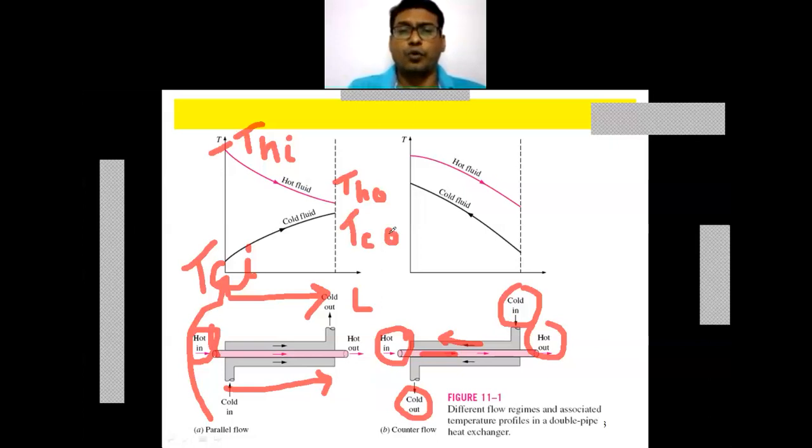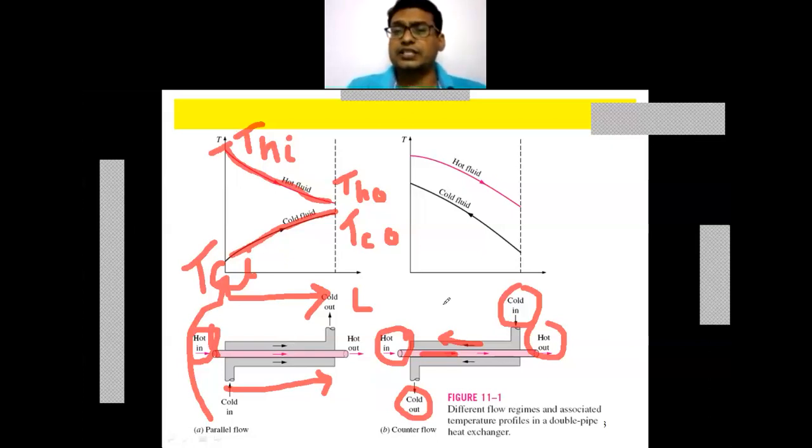They are plotted along the distance L. So the hot fluid temperature will gradually decrease and the cold fluid temperature will gradually increase as they exchange the heat.